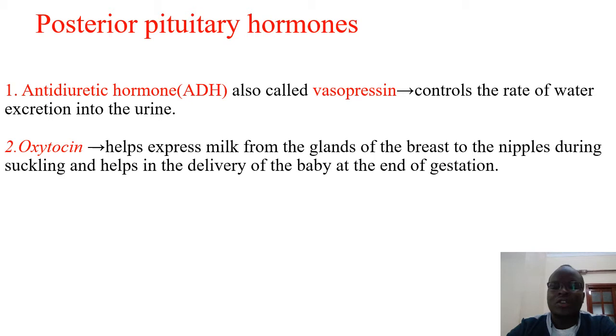Those are smooth muscle cells, and they contract to help push the baby, squeezing it out of the birth canal during delivery. So it's also important when it comes to delivery of the baby.